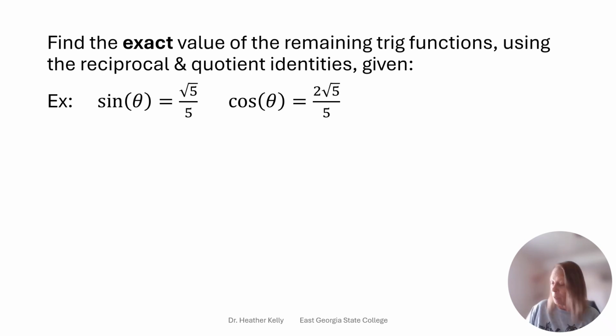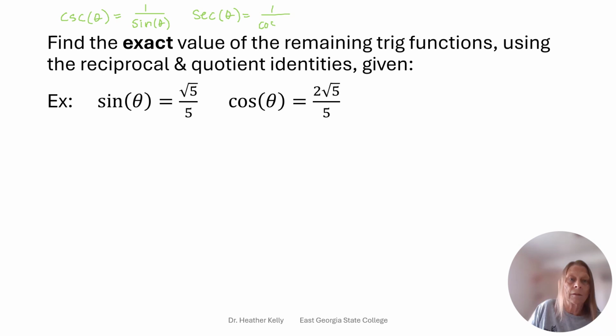So let's see. We know that, let's see what we need. We need cosecant of theta. Cosecant of theta is the reciprocal of sine, so that's equal to 1 over sine theta. Secant theta is 1 over cosine theta. Tangent theta is equal to sine theta over cosine theta.